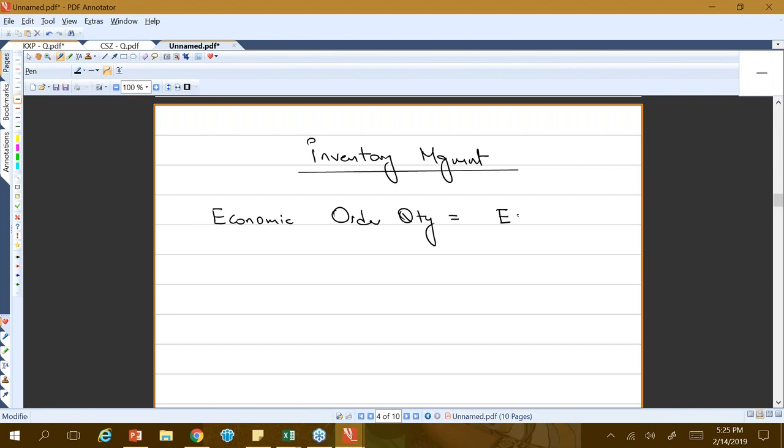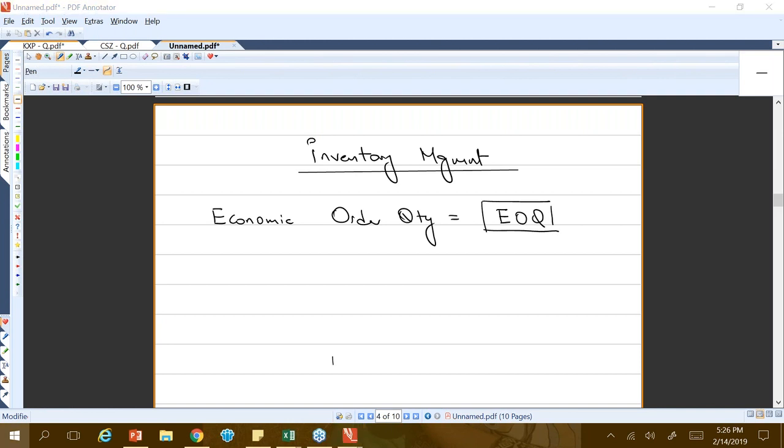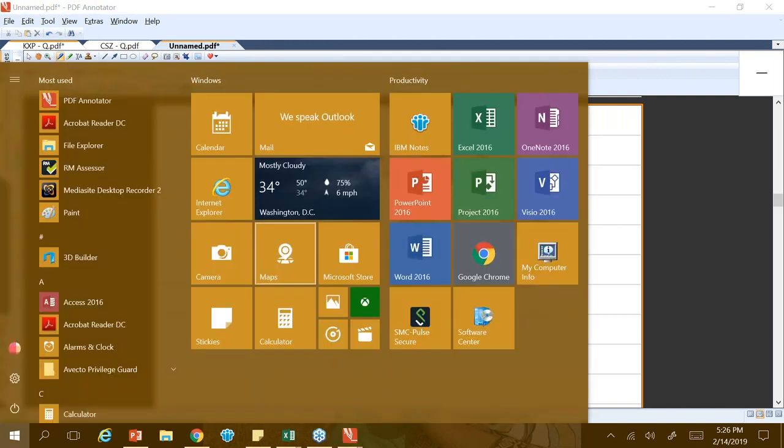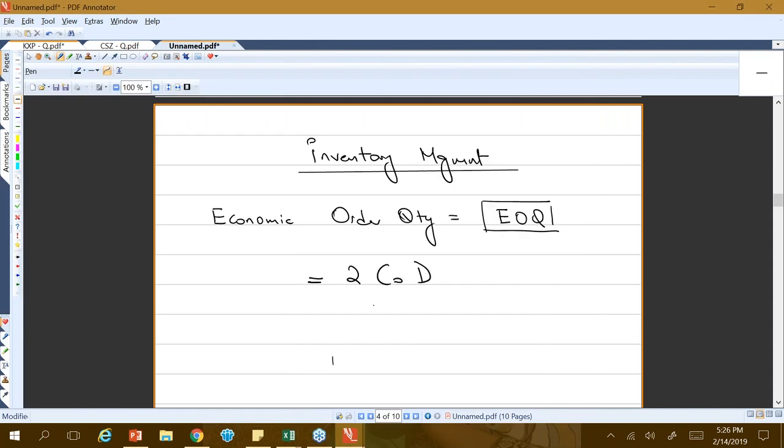That is the key thing for us. Well, we can compute economic order quantity with this formula.